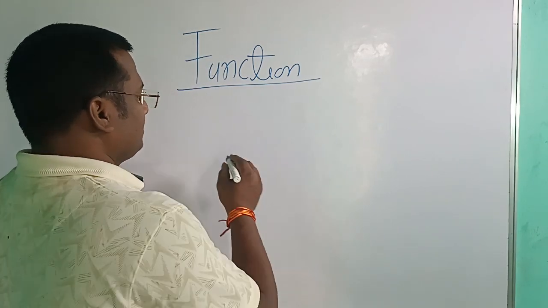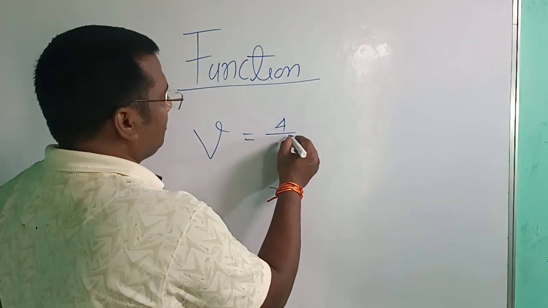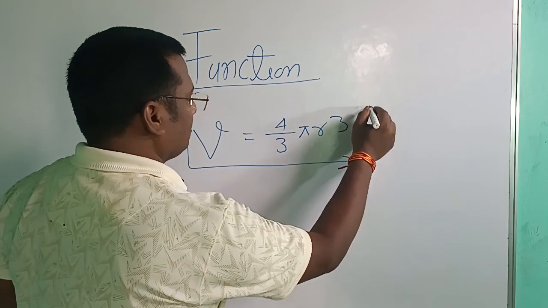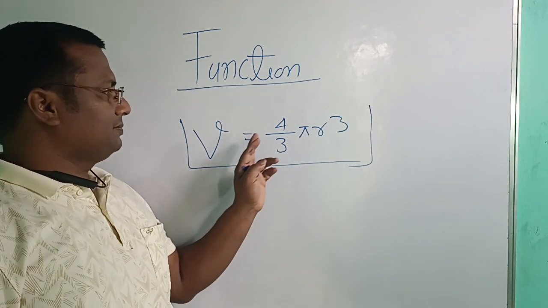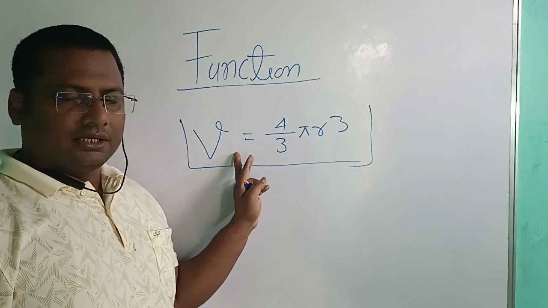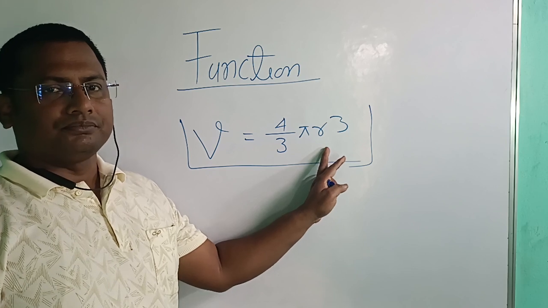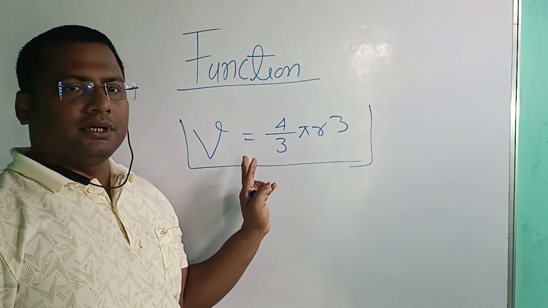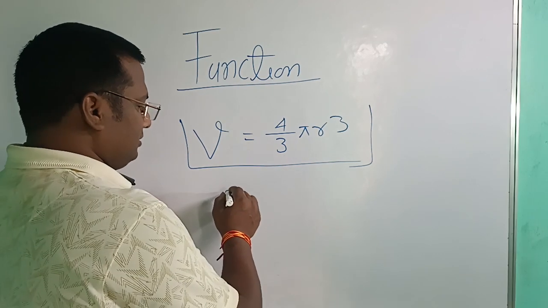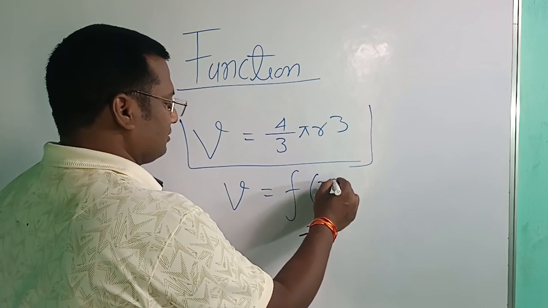Let us consider the volume of a sphere, 4/3 pi r cubed. From here it is clear that the volume of a sphere depends on the radius r. This dependence of V on r can be represented as V = f(r).